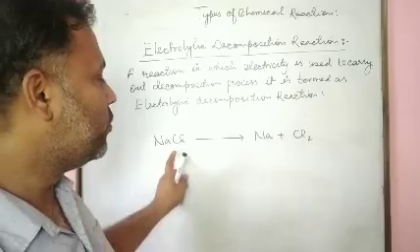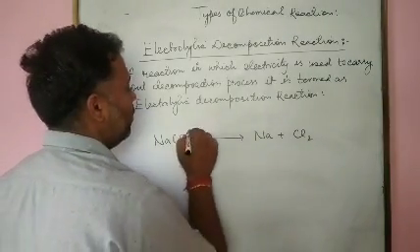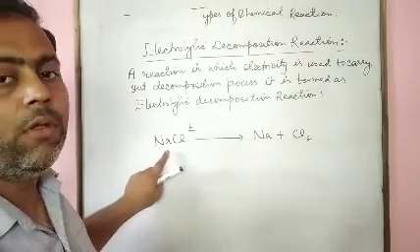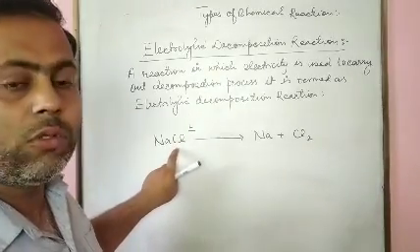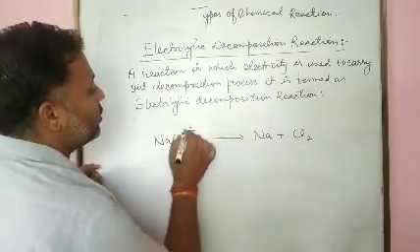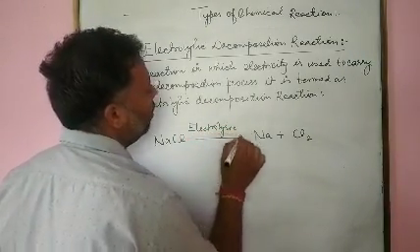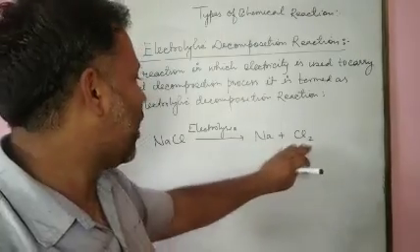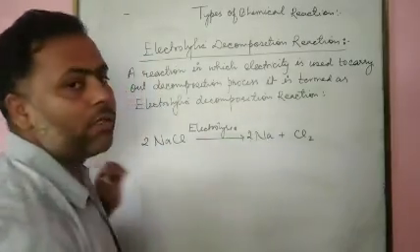When we carry out the electrolysis of fused sodium chloride, we haven't added water here. Listen to me carefully, we haven't added water here. It is melted sodium chloride. When electrolysis is carried out, it will produce sodium and chlorine gas. See here, 2Na plus Cl2.